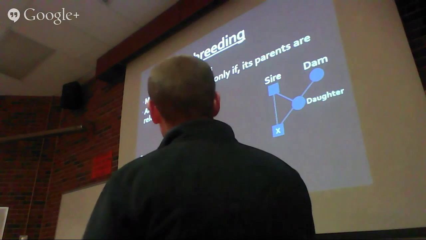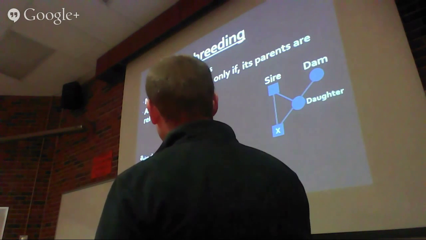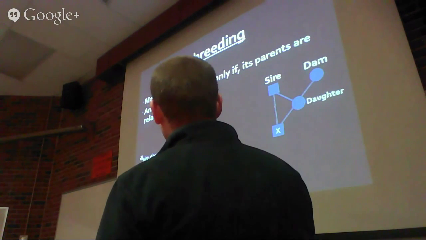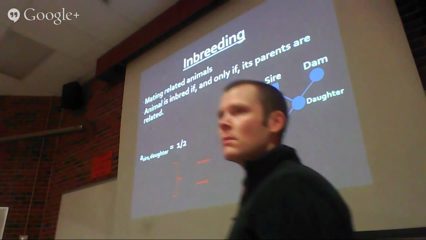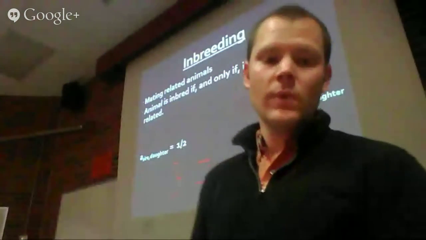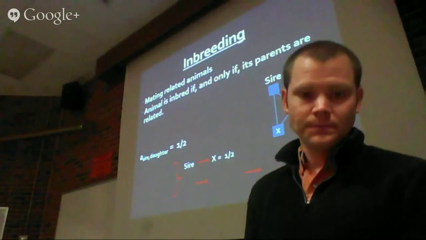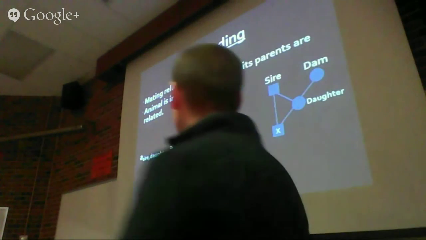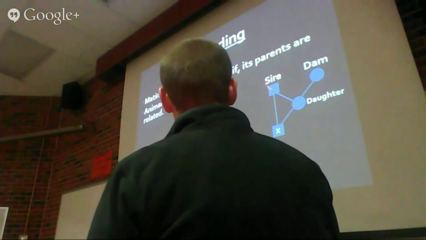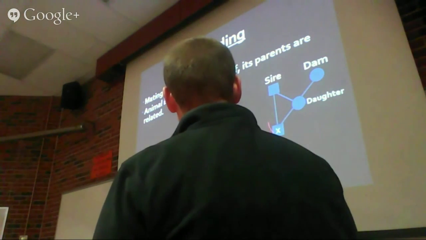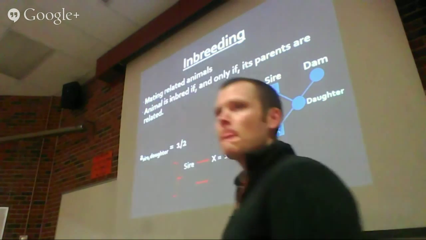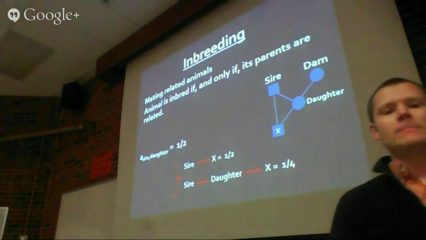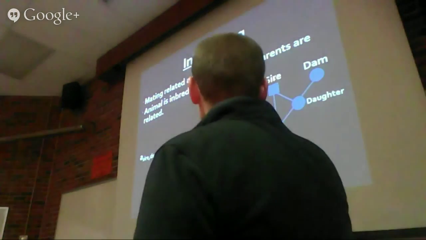So that relationship, here's the parents. Sire and daughter have a relationship of 1/2. It's not 0. So we call inbreeding there. So what about the relationship between this sire and individual X? Well, we can go from the sire to X directly.